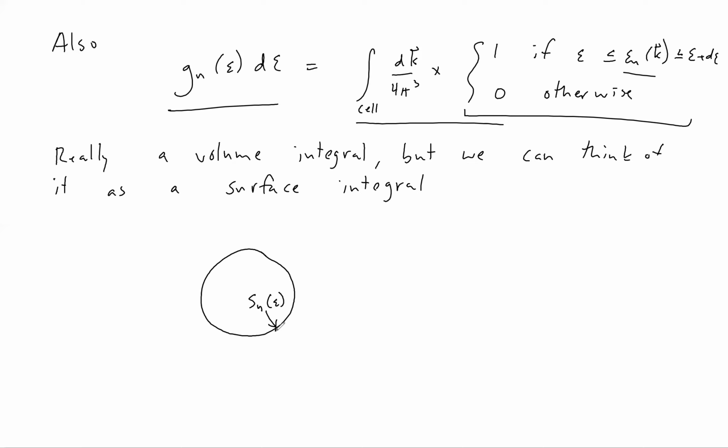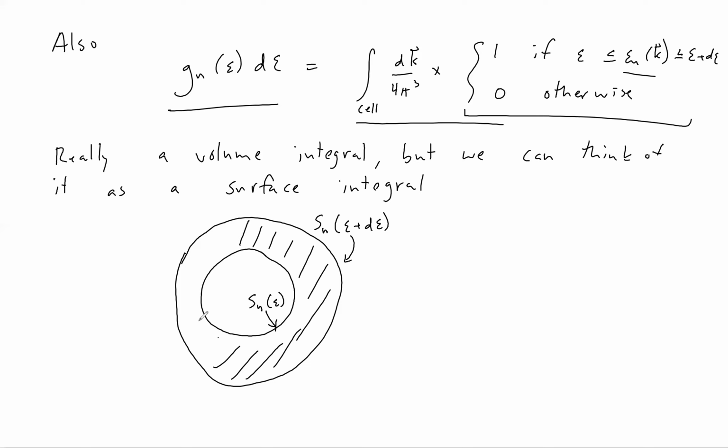It's really a three-dimensional surface, but I can only draw very easily a two-dimensional surface. Let's draw another surface. I'm going to call this Sn of E plus dE. This is the surface corresponding to energy a little bit more than E. The total number of allowed states within dE of E is essentially going to be the volume between these two surfaces.